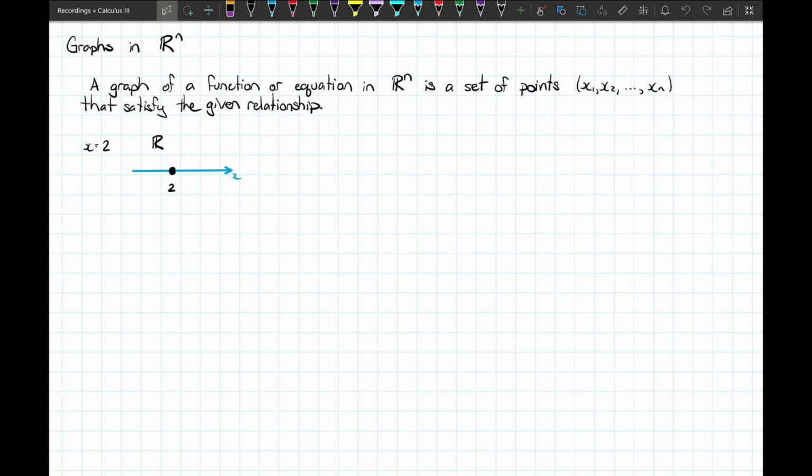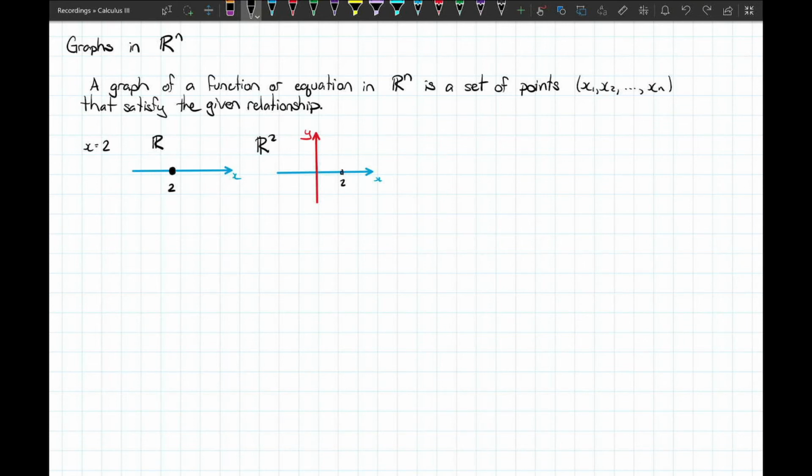Let's take that same equation, x equals 2, and think about what that gives us in 2-dimensional space. In two-dimensional space, well, we have our x and y axis, and here I've ticked off the value where x is equal to 2. But now that we have a y-axis, the set of points that satisfies x equals 2 is not just limited to a single point anymore.